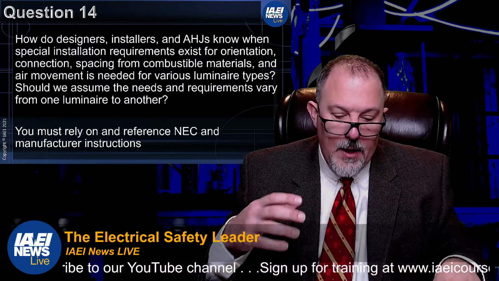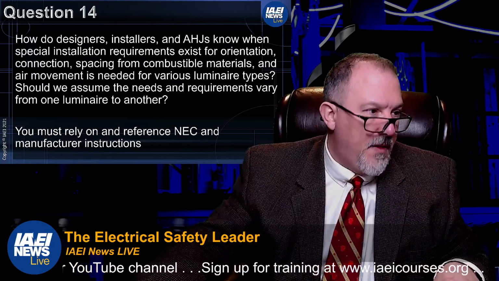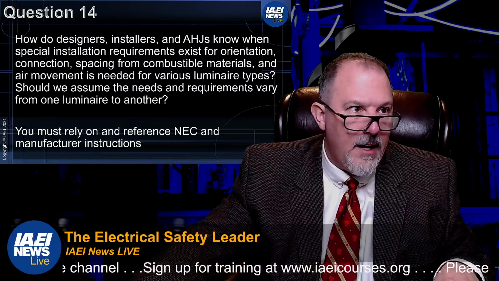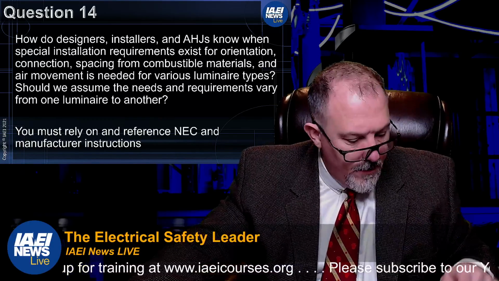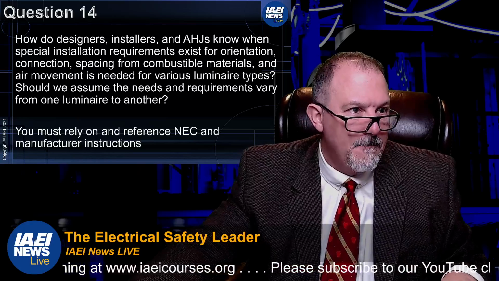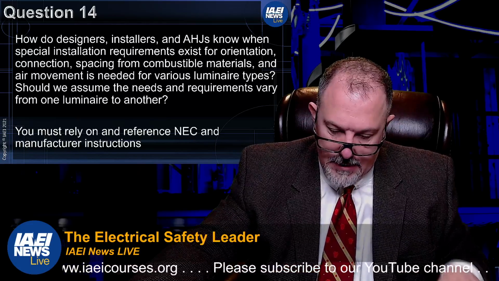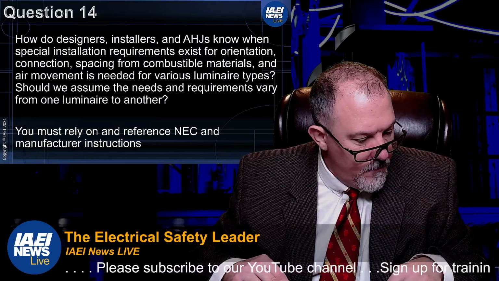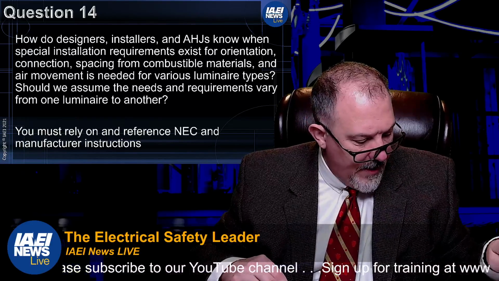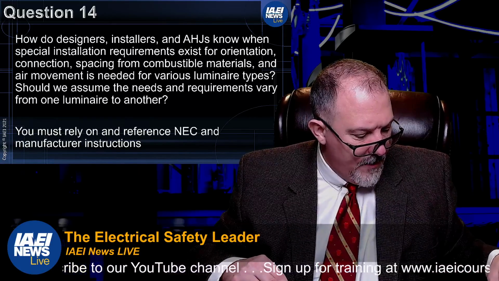So outside of a few areas within the code, like 410.23, 410.11, 410.12, 410.16, grounding is in Part 5. Part 6 is wiring of luminaires.